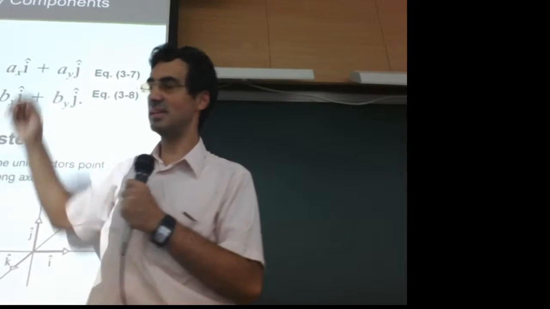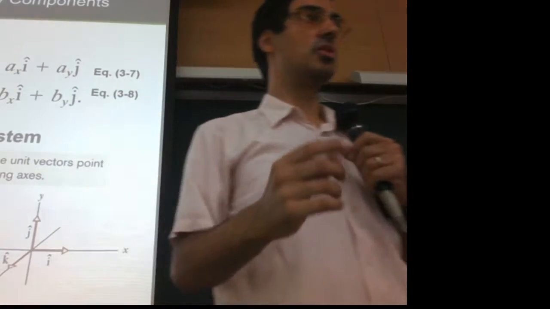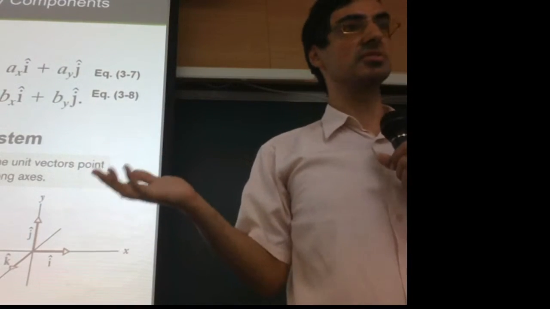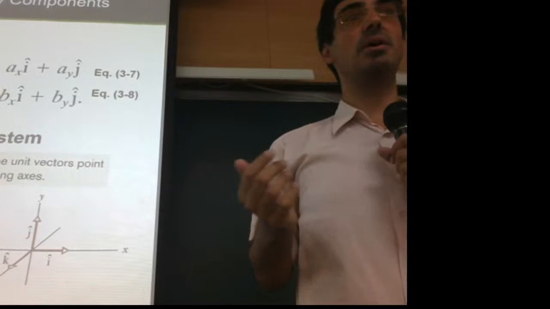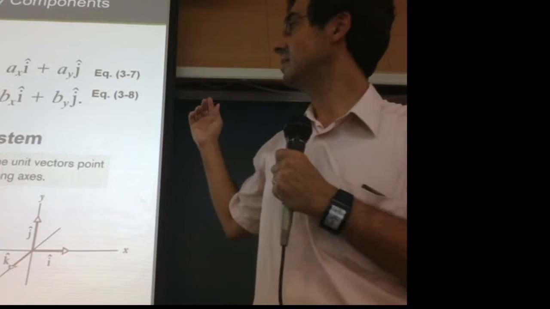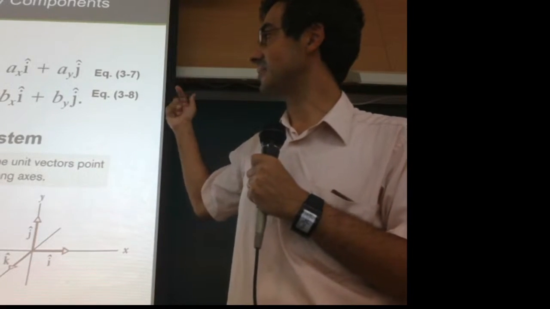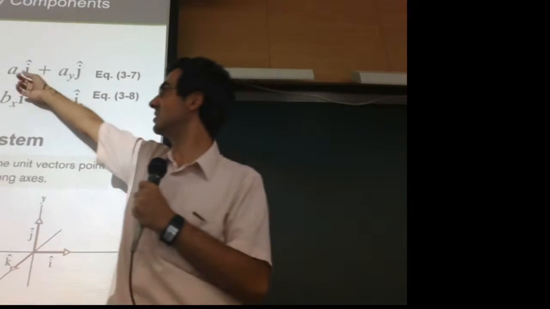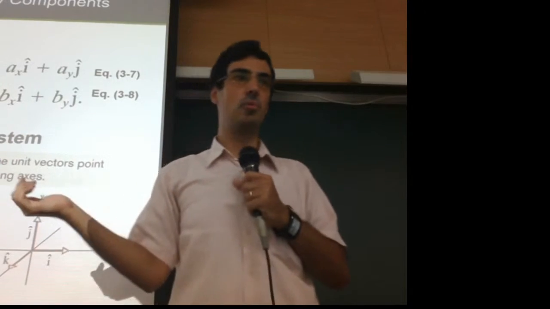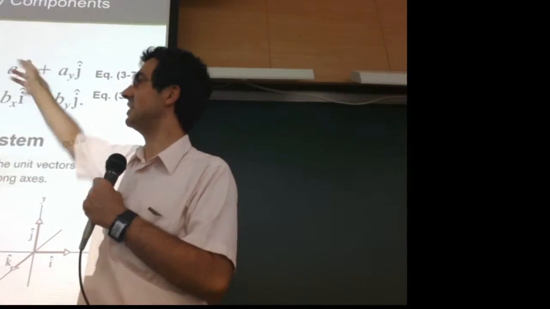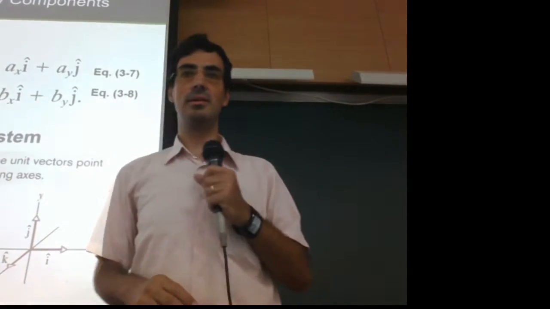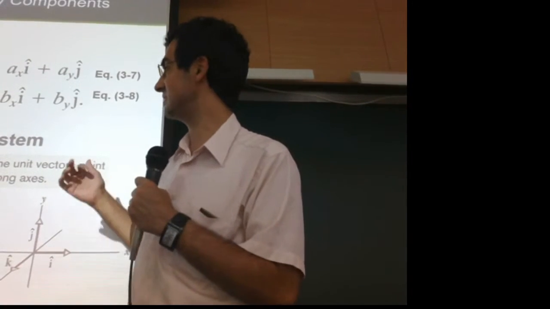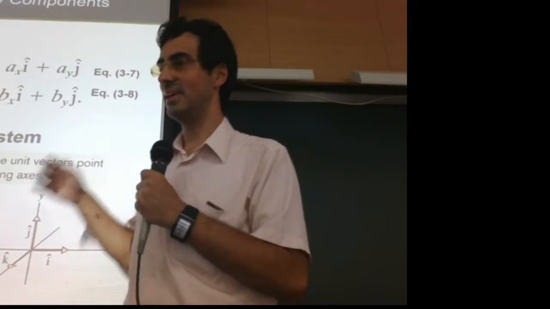And they're getting these funny hats on top so that we're denoting these ones are unit vectors, meaning they are not taking part in the calculation itself because they have a magnitude of 1. They're just indicating the direction. And all we have to do is make sure that we're not mixing them unless they are, well, we're going to get to vector multiplication.